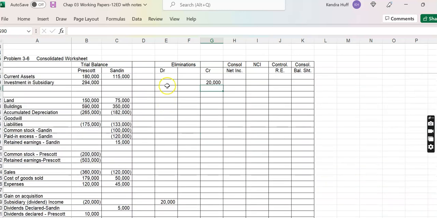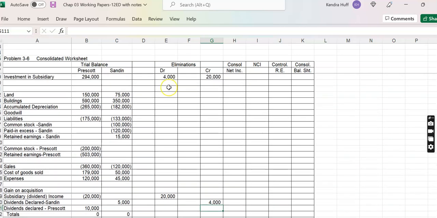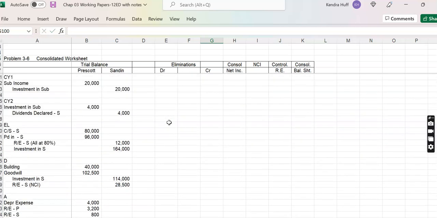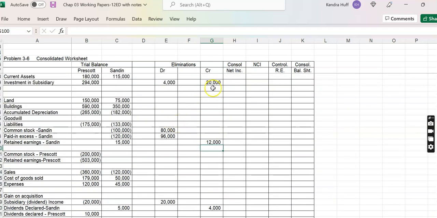Right, and 4. $80, $96, and 12. 80, 96, and the 12 is over here. So weird, right? And 164 to the investment.